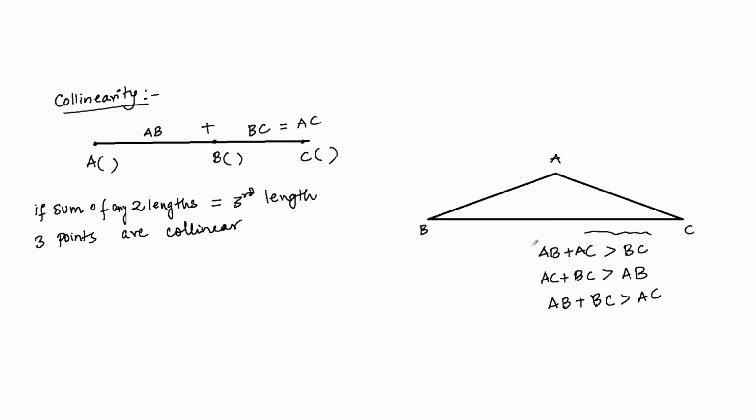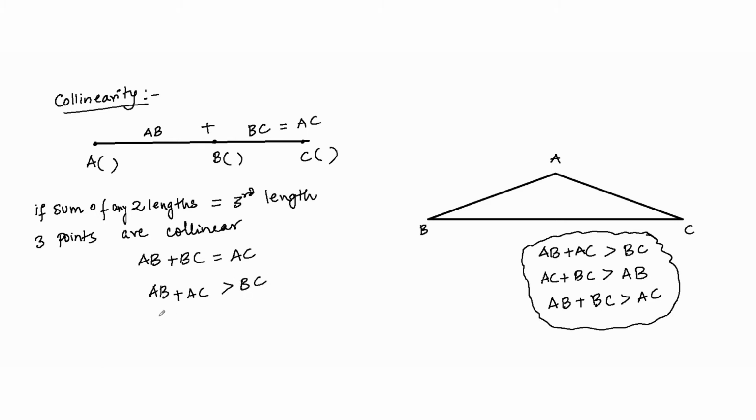So in case of a triangle, sum of any two lengths will always be greater than the third length, whereas in case of collinear points, sum of two sides will be equal to the third side. Of course, if you take sum of AB and AC, it will be greater than BC. There is no doubt about it. So according to this figure, if I add AB plus AC, it will be greater than BC. And of course, if I add BC with AC, it will be greater than AB.